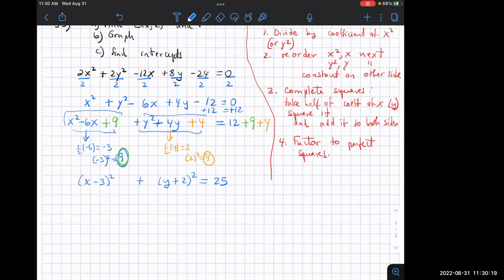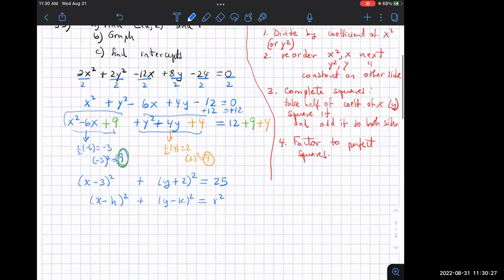So now we have the form x minus h squared plus y minus k squared equals r squared. So we can find the center. So the center is 3 and -2, right? Because you gotta make sure that you see there's a minus and a plus.